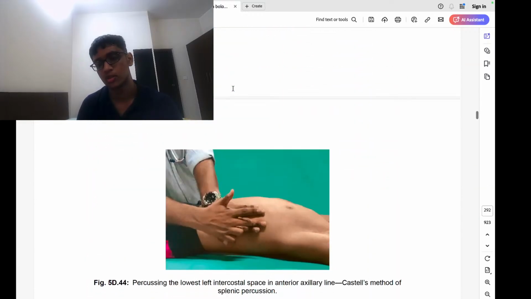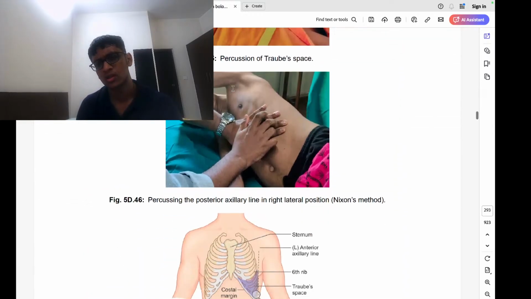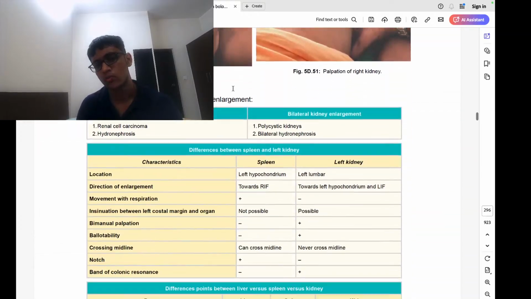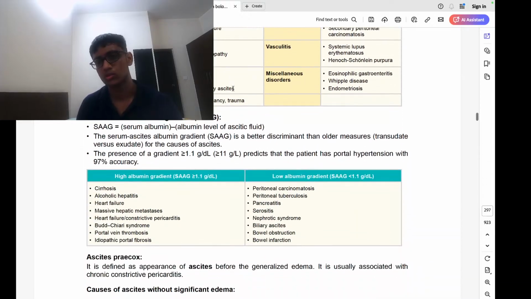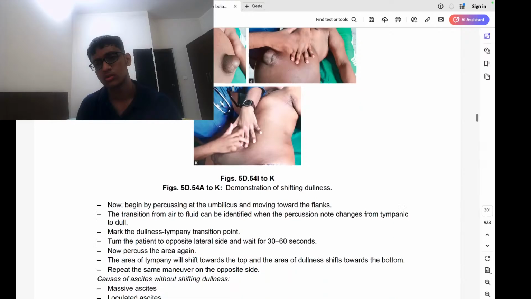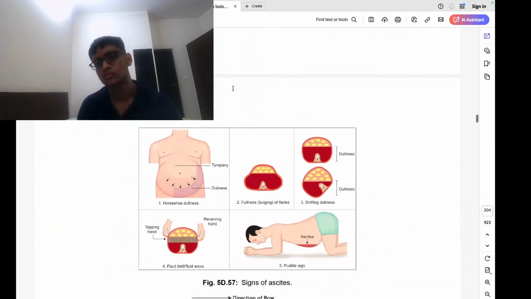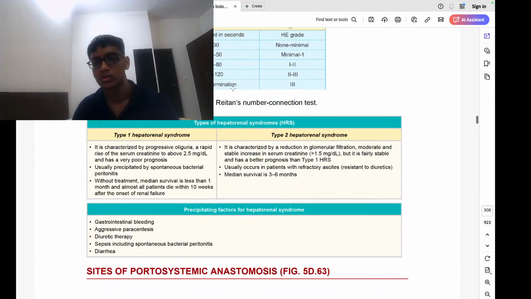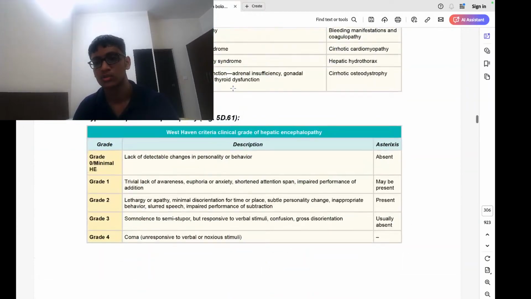From palpation, it might be difficult. I won't do all of the palpation; I'll just go very fast because I know these already. Nothing too annoying is here. A lot of images are there, so that's a good one. The ending part you can finish off in a few minutes.